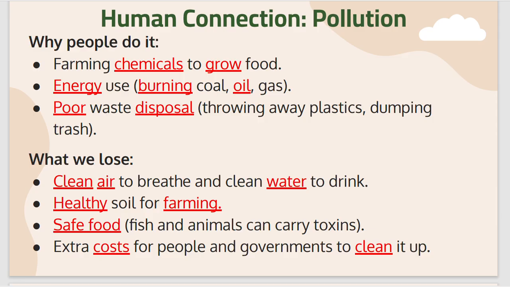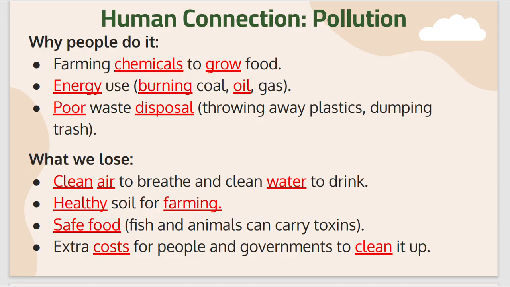And then poor waste disposal, such as throwing away plastics, dumping of trash. The issue with plastic is it is not biodegradable and it takes a very, very, very long time to break down, which means it does build up because it's not breaking down. What we lose from pollution, we lose clean air to breathe and clean water to drink.